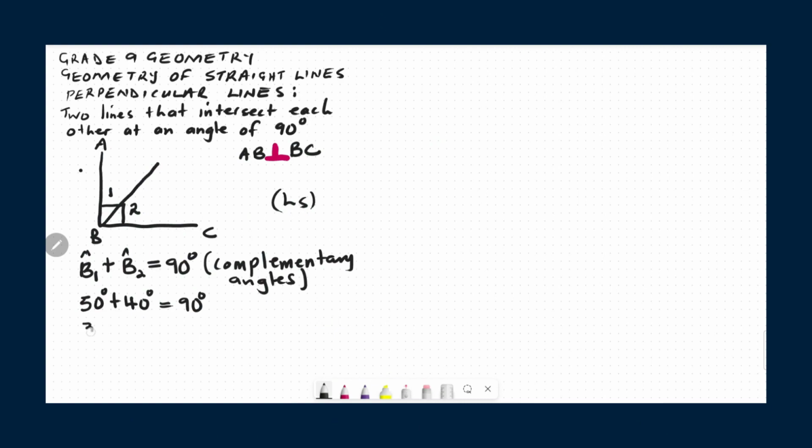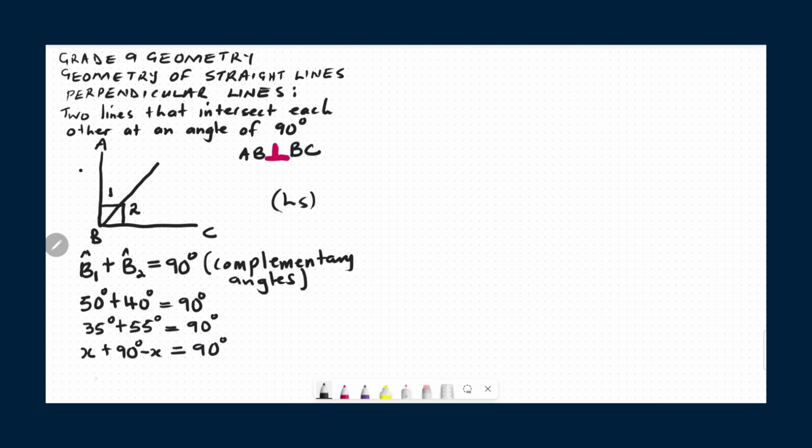You can also have 35 degrees plus 55 degrees is equal to 90 degrees. Let me give you a different scenario: x degrees plus 90 degrees minus x is equal to 90 degrees.